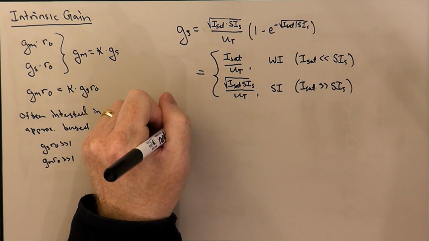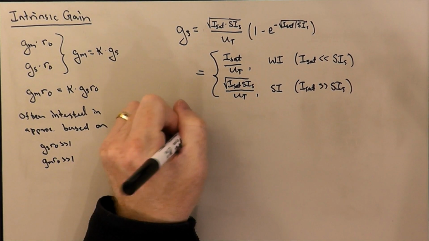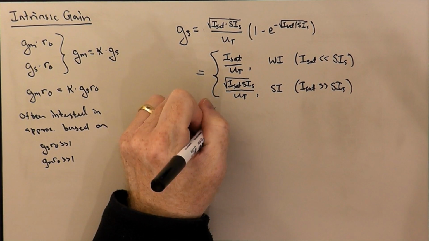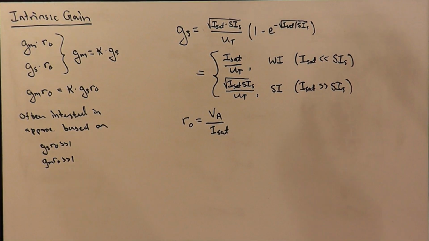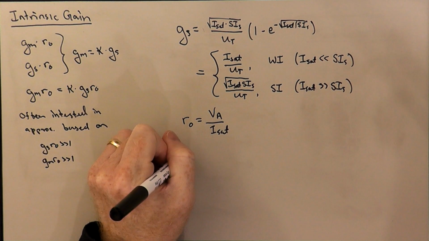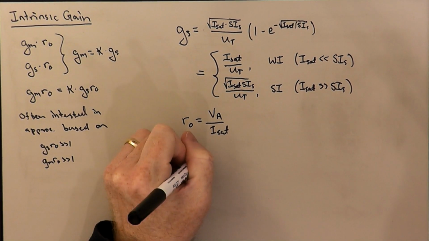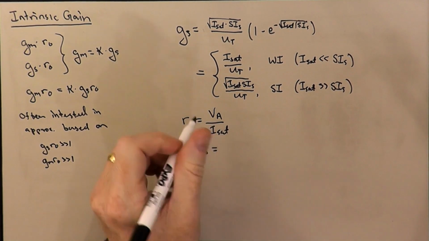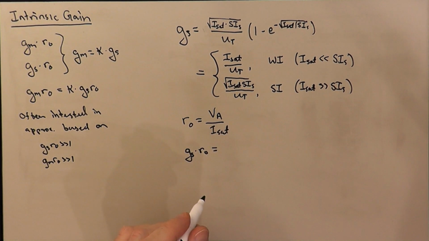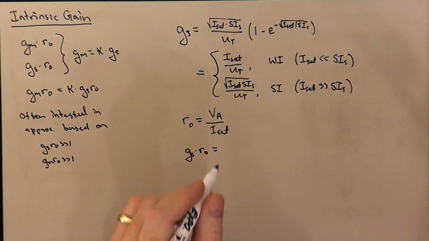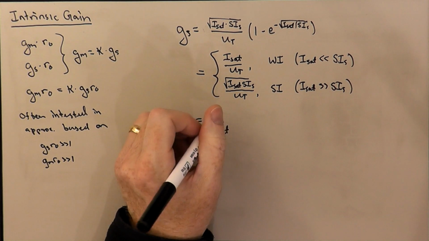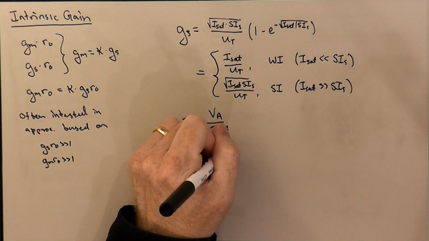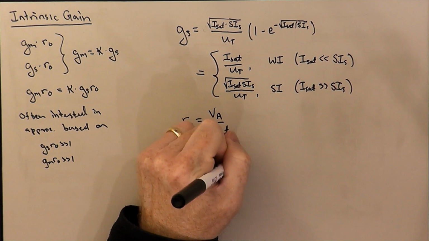And RO, our model for RO at all current levels, is some Early voltage VA over I sat. And so we can take the product of GS times RO pretty easily here and find that the general GS model will be VA over UT.